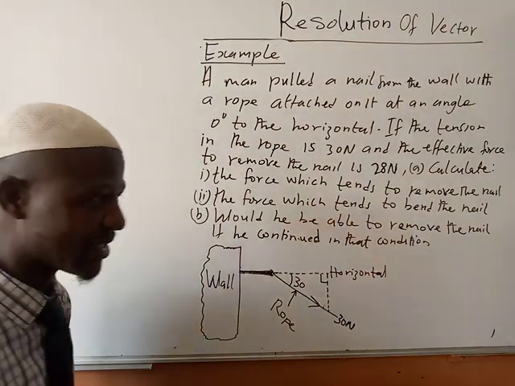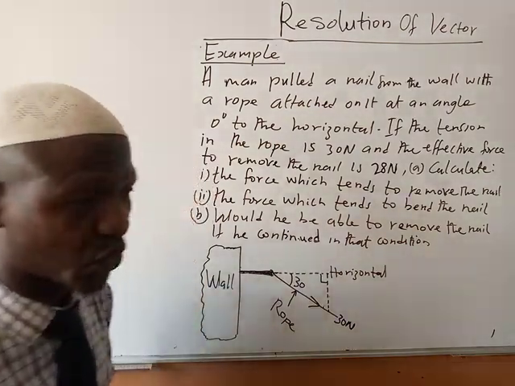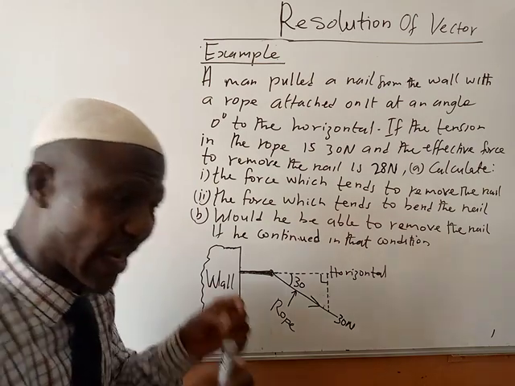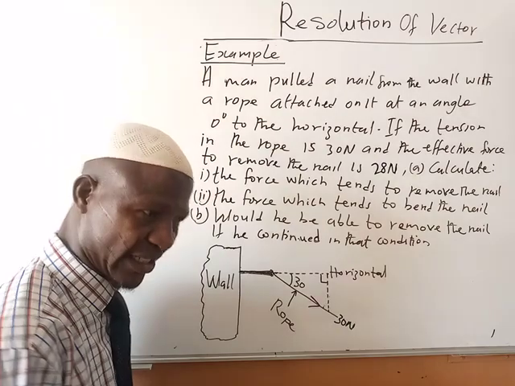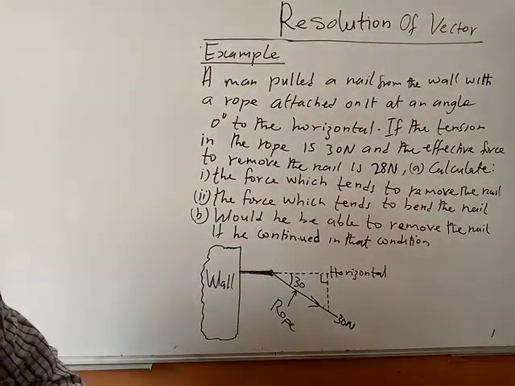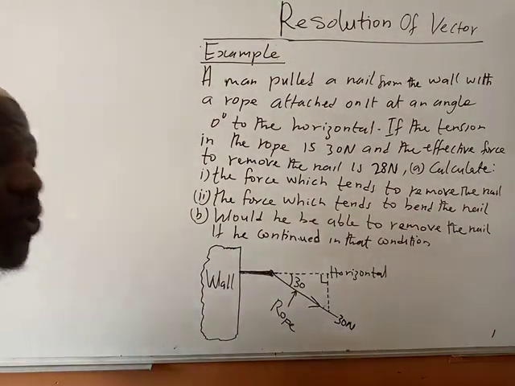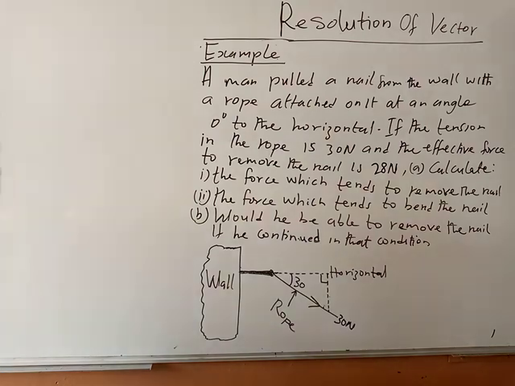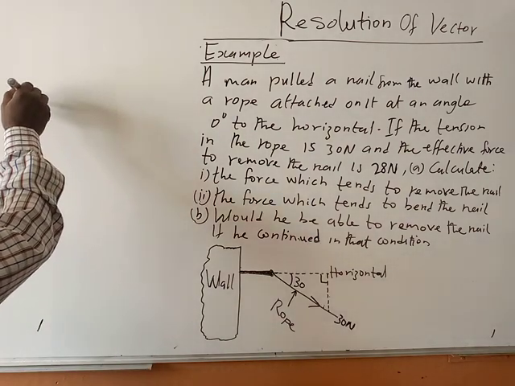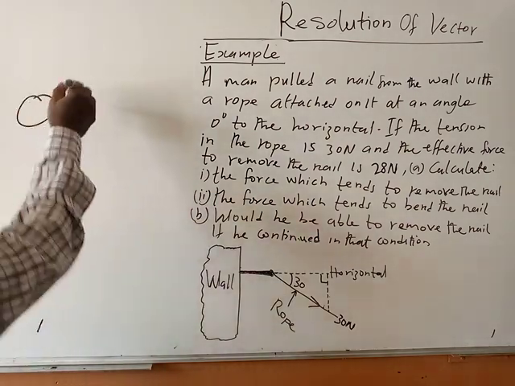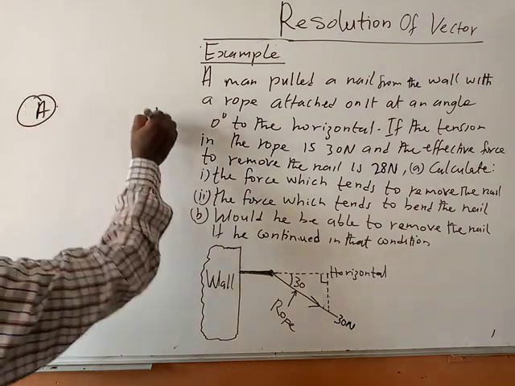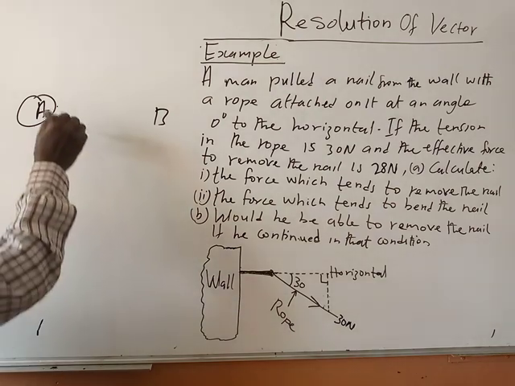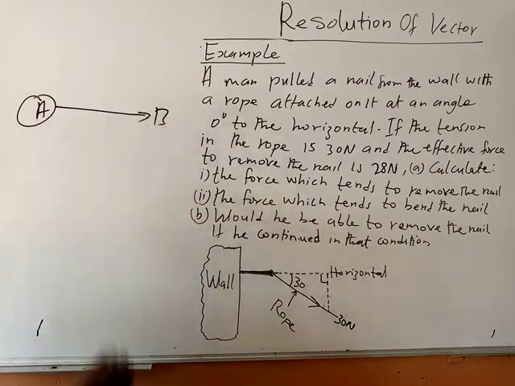Because in some cases, if you are given a certain work to do, or you want to carry an object, if you carry it wrongly, you might have even applied more than necessary force, but because you are applying it wrongly, you will not get the right result. For instance, let's say you have an object here and want to carry it from point A to point B. So we are expecting you to apply your force directly like this.